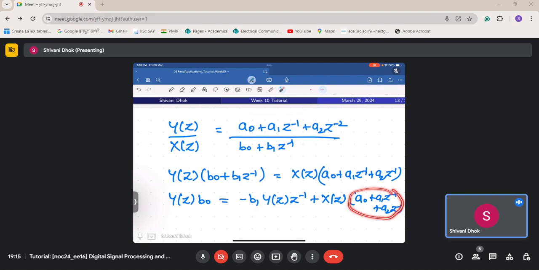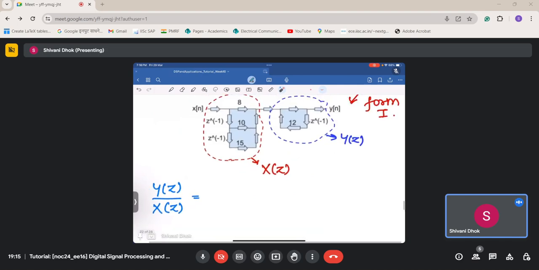However, for the numerator it remains as it is. So we should be careful while choosing the sign. In the figure we'll be seeing minus 1, however in my transfer function I should write a plus b1 here. Okay, so now let us try to do that.